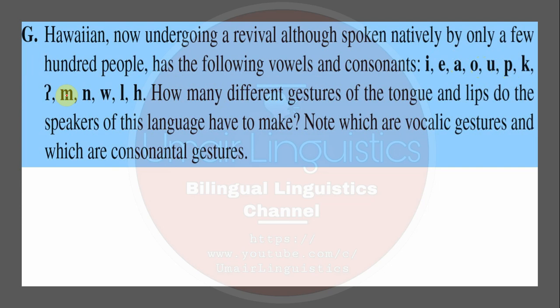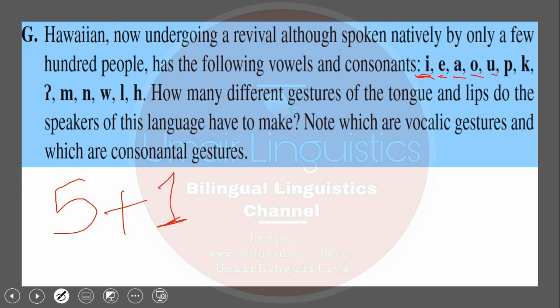Once again, first we count vowels, because all vowels usually have different positions. E, a, o, u, i: 1, 2, 3, 4, 5, plus consonants: p, k, m, n, w, l, h. So p and m both are bilabial, so they have one gesture.